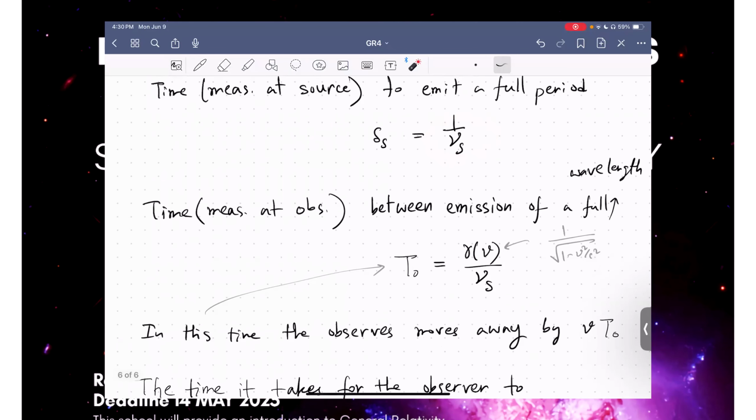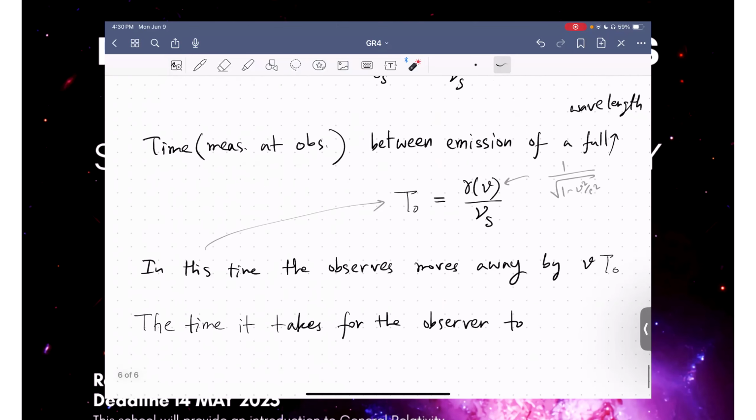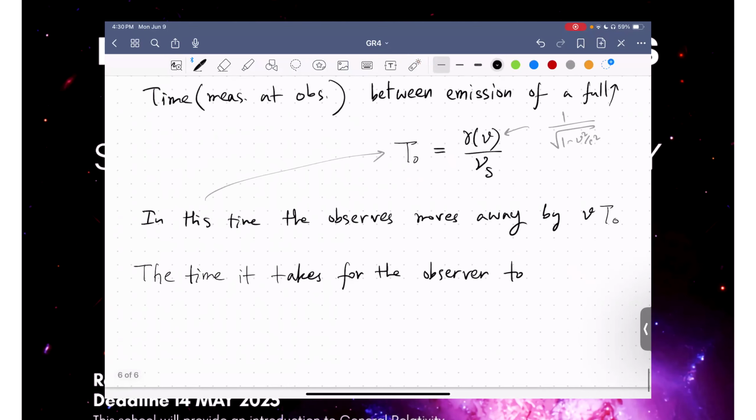The same period, because of time dilation, will be measured by the observer to be the same, multiplied by this relativistic factor. During this time, the observer moves slightly away from the source, by the amount velocity times whatever this time is.